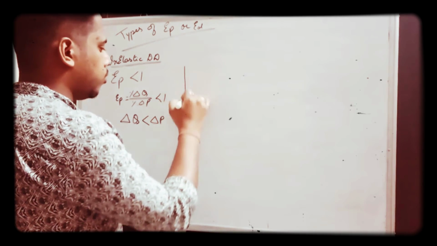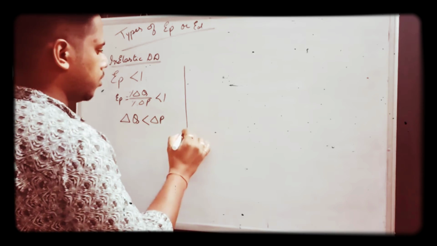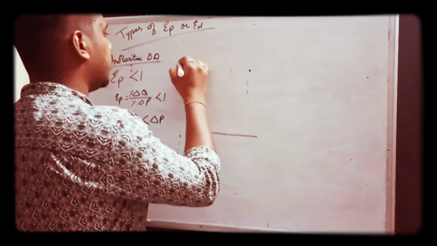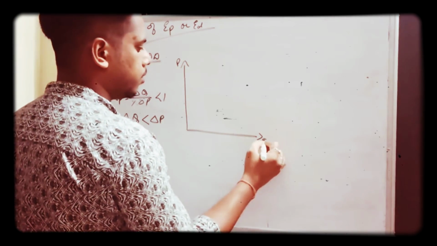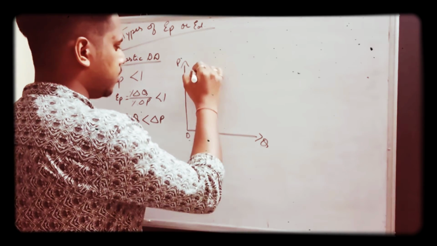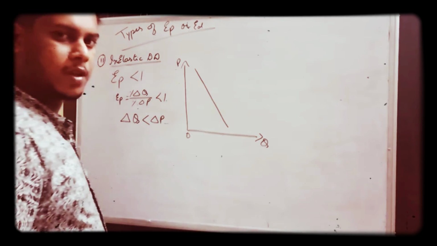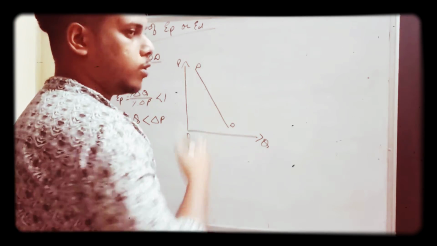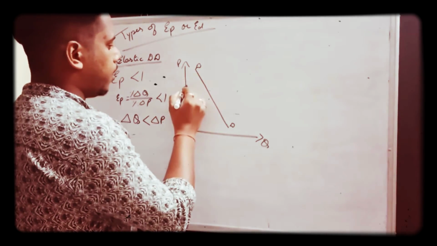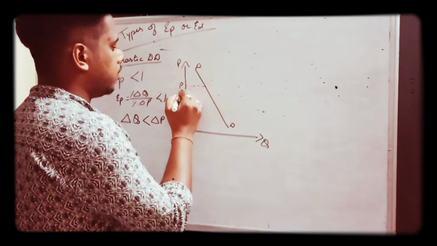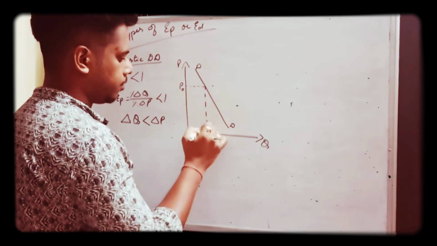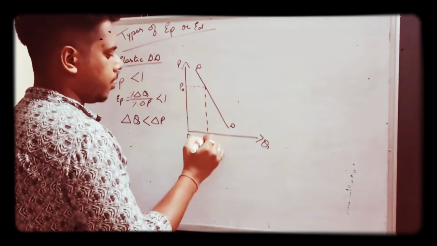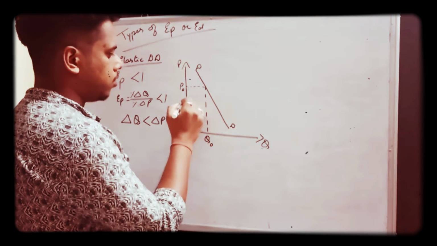So in order to show this relation, we need to draw the demand curve a bit steeper. Steeper in the sense, in this way. Okay. The previous one was flatter, now this one will be steeper. Consider this base price and the associated quantity is Q0.